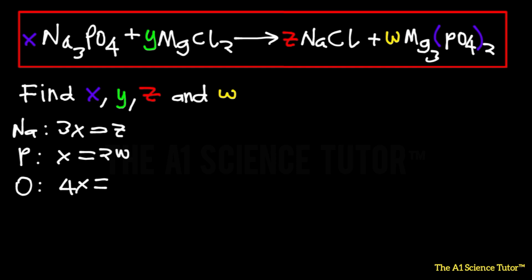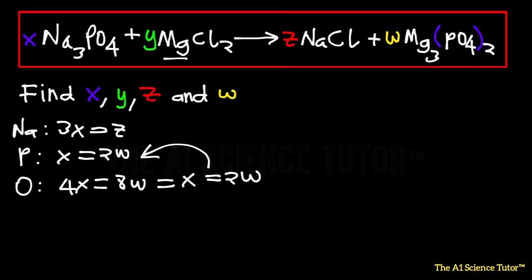That gives us 8, and then that will be multiplied by W. So that gives us 8W. I can actually reduce this expression. If I divide both sides by 4, this is still going to be X equal to 2W, which is exactly the same thing we have for phosphorus.